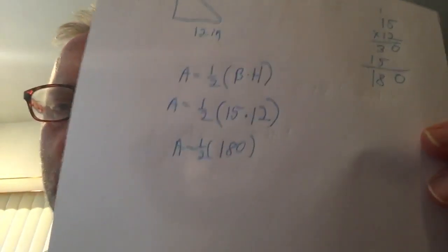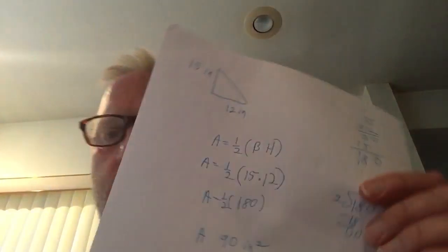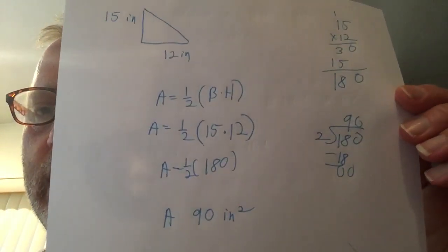You notice I do everything when I write down my problem. I do every line, every step, every time. You'll never go wrong. Let's find out 1/2 of 180 by dividing it by 2. And your area equals 90 inches squared. Don't forget your units and don't forget to square them.